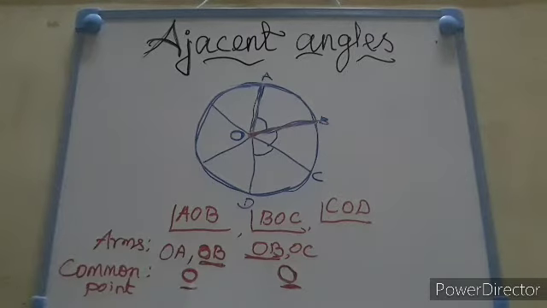So what is the rule for adjacent angles? One arm should be a common arm for both the angles. Here, which is the common arm? Right, OB is the common arm. As well as, these two angles should meet at a common point. Which is the common point here?